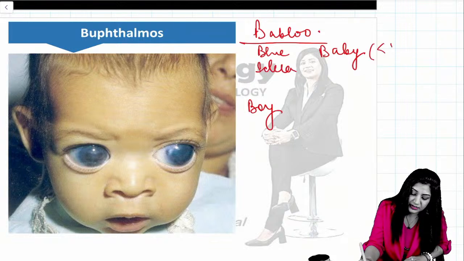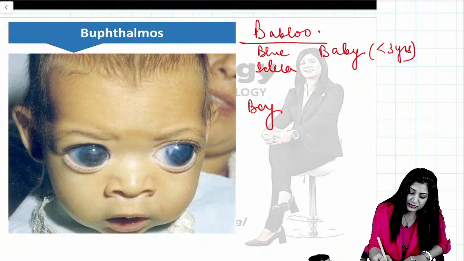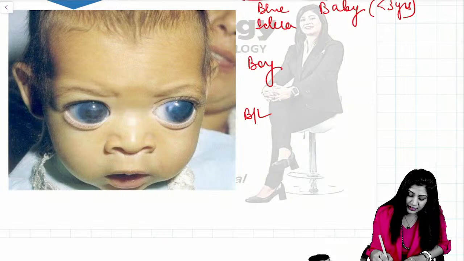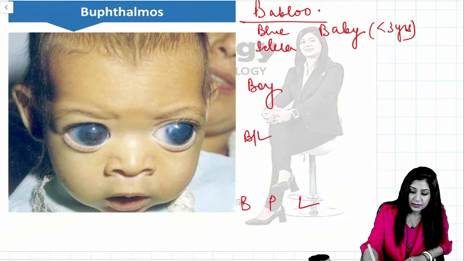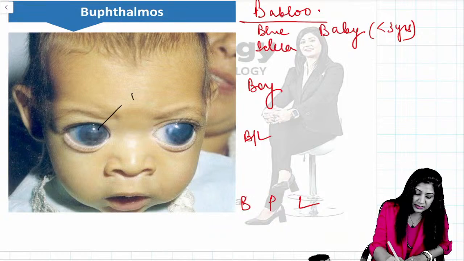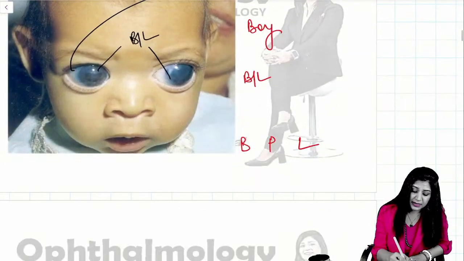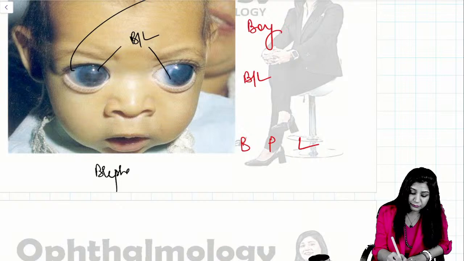Baby less than 3 years of age. Boy, bilateral is there. And then we will have the BPL card. This Bablu will be coming with the BPL card. You can see the bilateral involvement. You can see the blue sclera. Then we have the BPL card, where we have the blepharospasm.